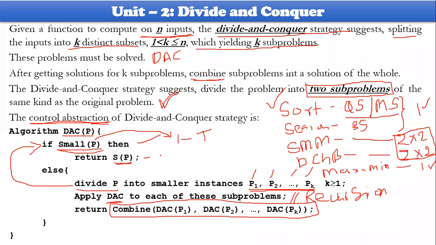During combination, if you take the first single element and the second single element, we have to compare each and identify the actual position of each element here. In such a way, the problem is going to happen. This is the general or control abstraction of divide and conquer. You need to remember this. You have to apply this or write this in our final examinations.